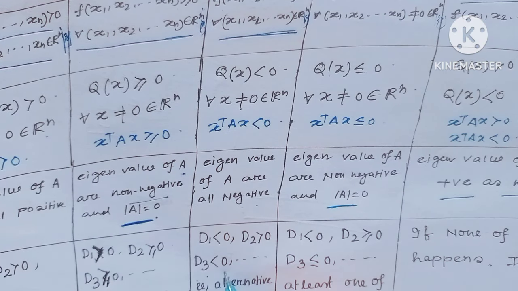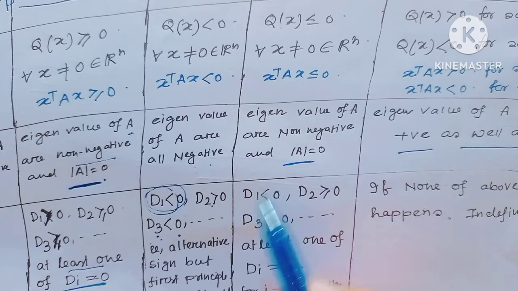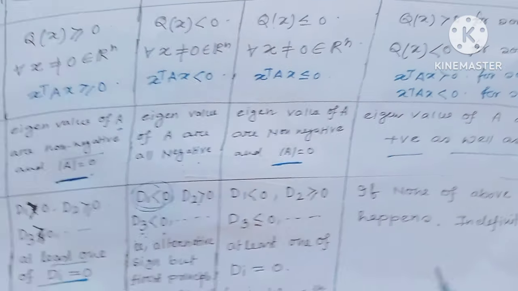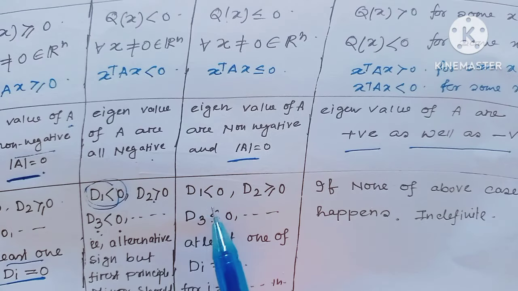The first principal minor should be negative, then positive, then negative. And negative semi-definite means D1 less than 0, D2 greater than or equal to 0, D3 less than or equal to 0. That means at least one of the Di is equal to 0 for i equal to 1 up to n. And if none of the above cases happens, then this is called indefinite.